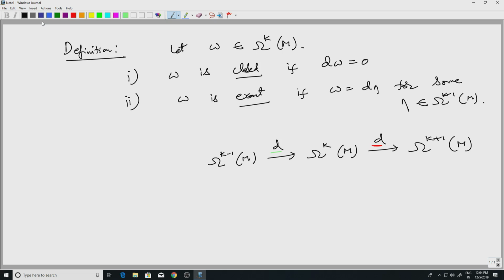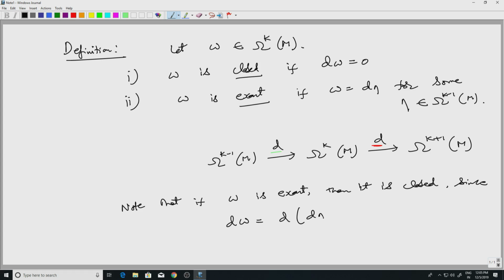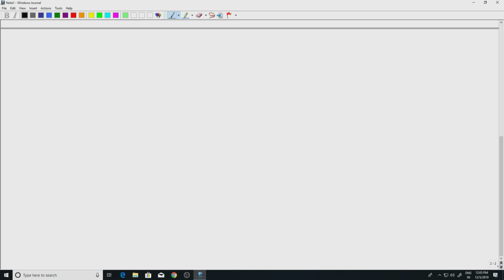The first thing is that if omega is exact, then it is closed, since if omega is exact, omega is d eta, therefore when I take d omega, this is d of d eta, which is 0, since we know that d squared is 0, d composed with d is 0.